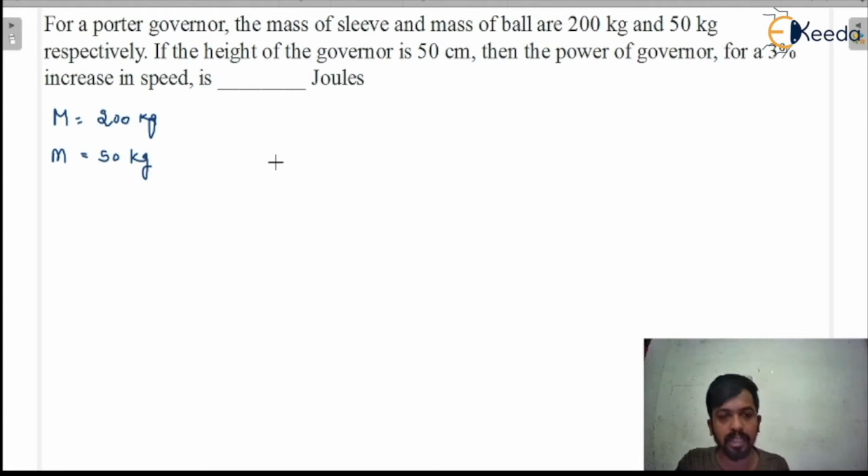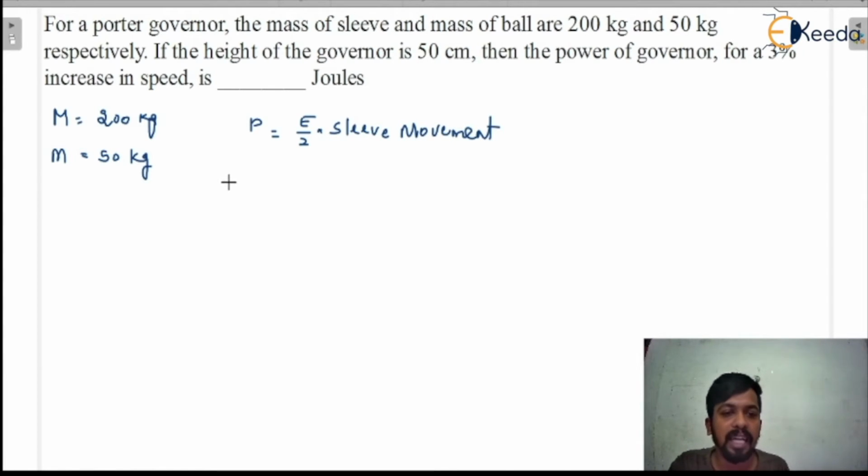Okay, but in the question we will see again. The power of the governor is the effort of the governor multiplied by the sleeve movement. First you need to know this basic formula: effort of the governor and the sleeve movement.